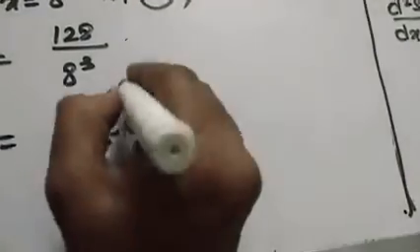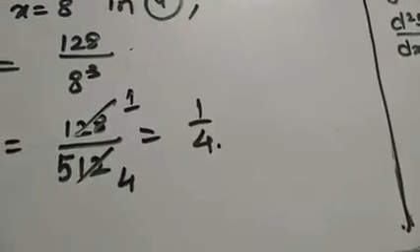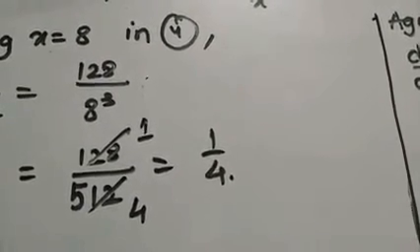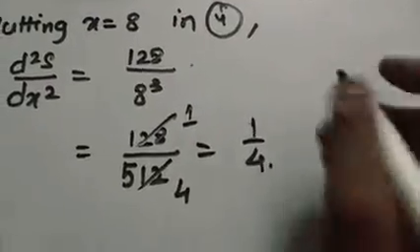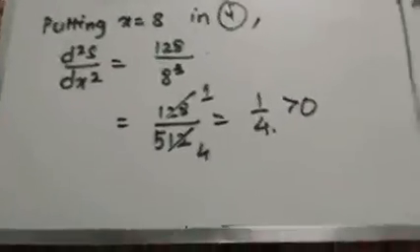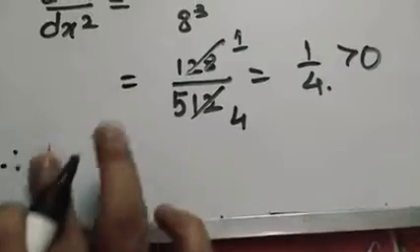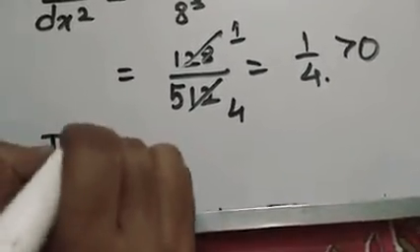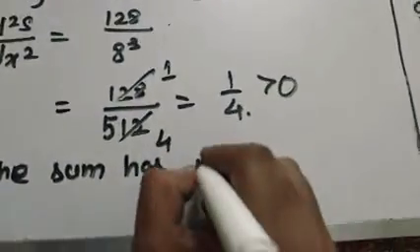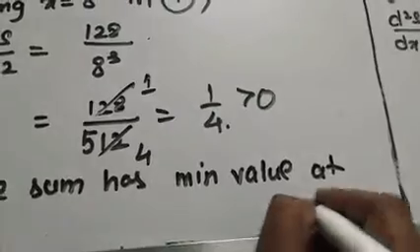That is 1 by 4, which is positive. So final conclusion, therefore you will write the sum has minimum value at x equals 8.